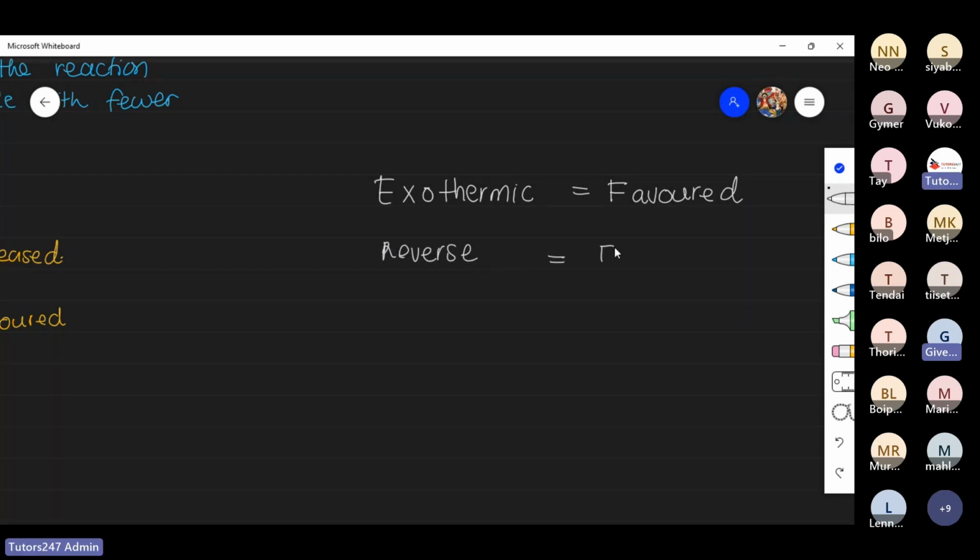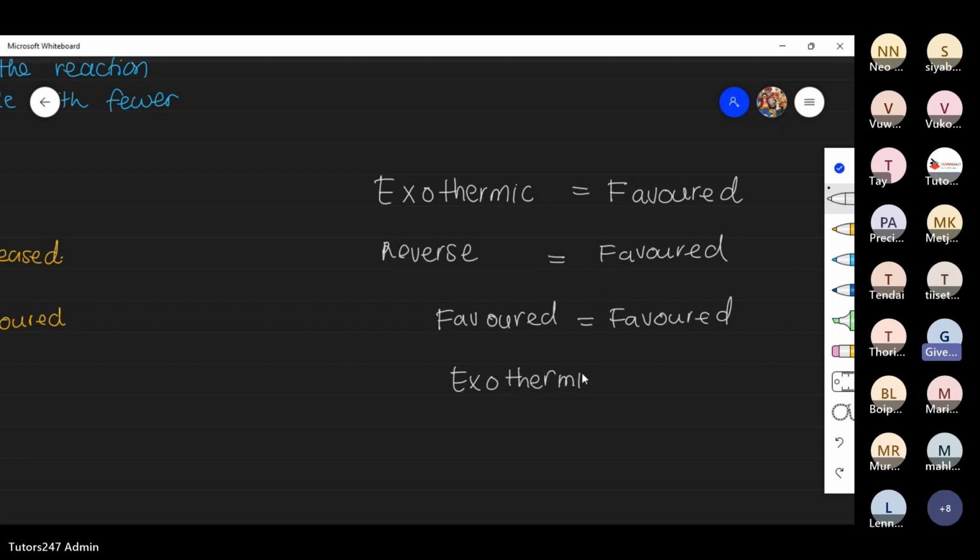So reverse equals favored. Think of it in terms of simultaneous equations. Favored equals favored. And what is that? It's exothermic, so we're substituting the left and we substitute the right.